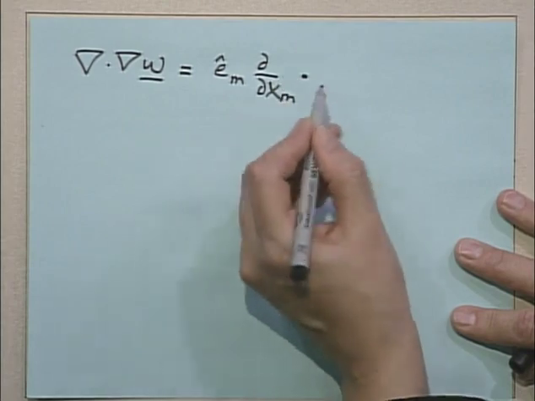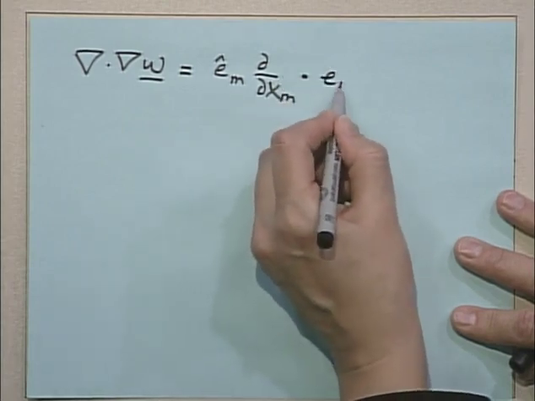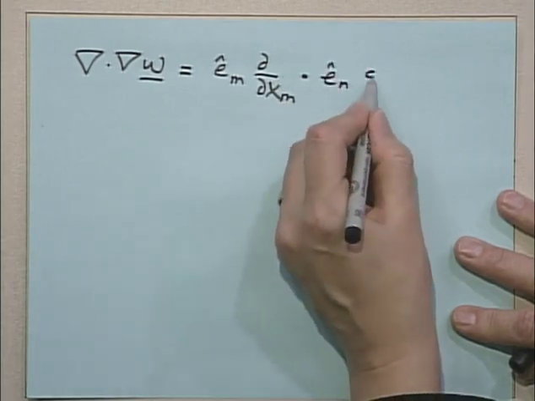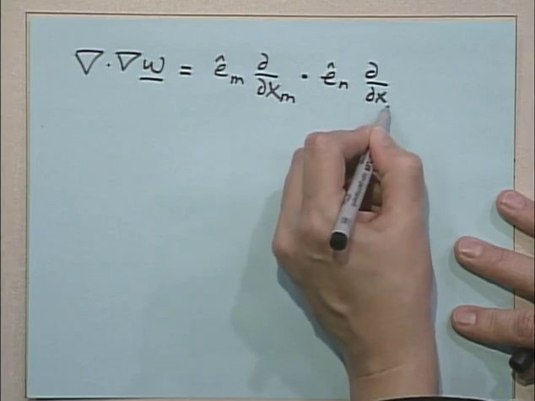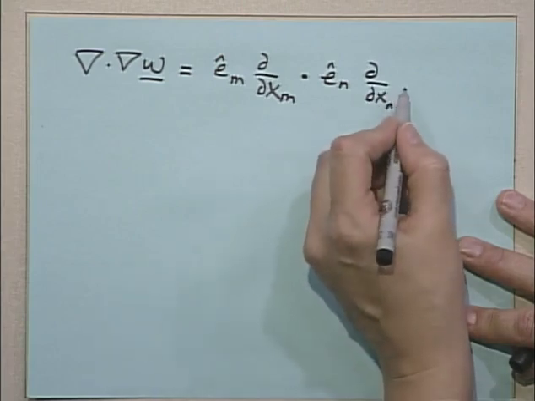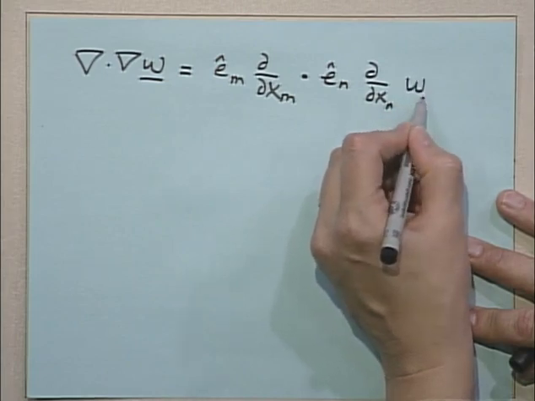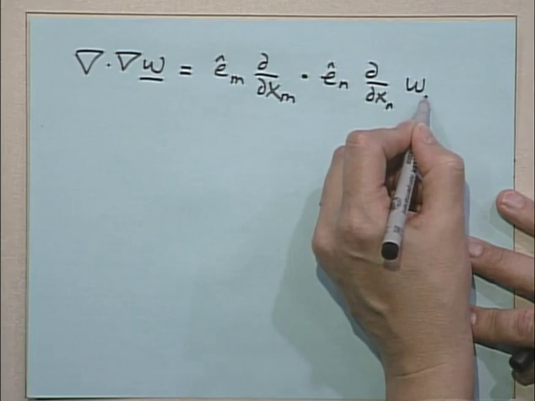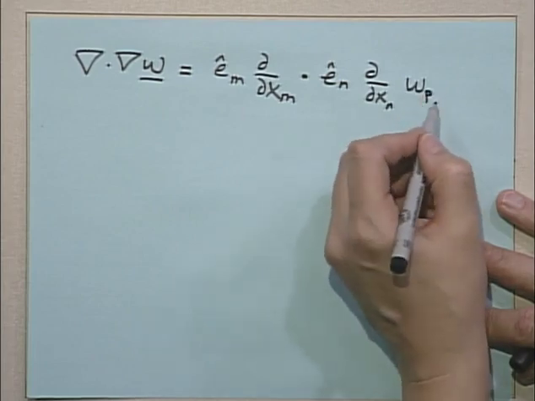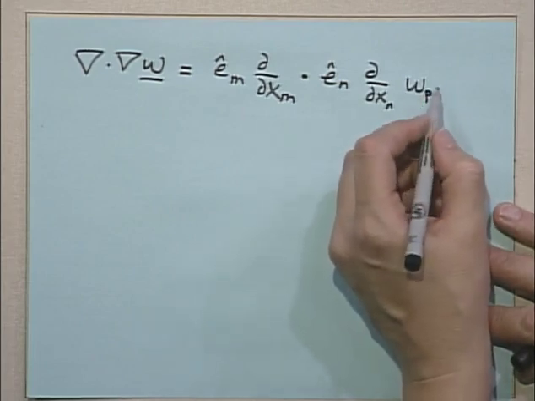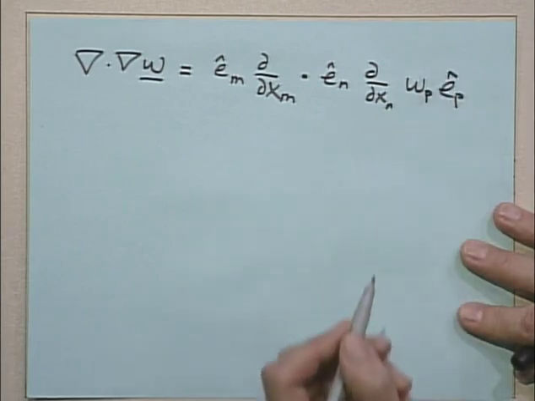Dot EN delta over delta x n. Right. And that's a vector, so let's see here, W, PQ. It's a vector, only one. P, EP. Right. There we go.